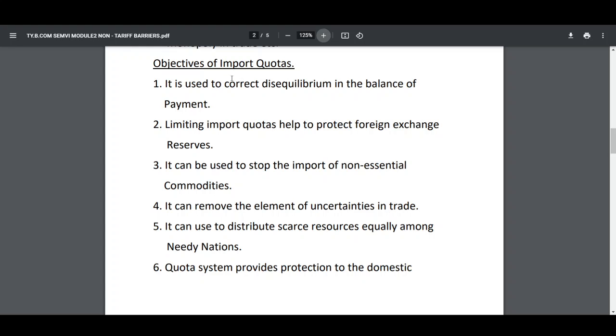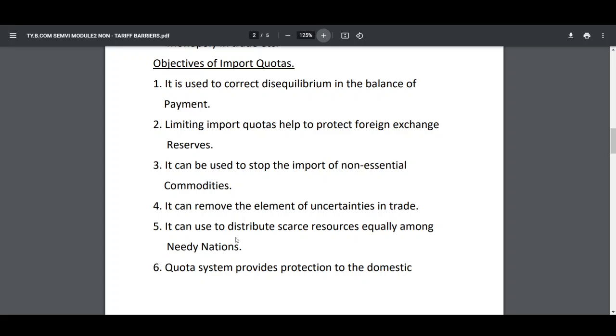Now, what are the objectives of import quotas? First point, it is used to correct disequilibrium in the balance of payment. Second, limiting import quotas help to protect foreign exchange reserves. Third, it can be used to stop the import of non-essential commodities from abroad. Fourth, it can remove the element of uncertainties in trade.